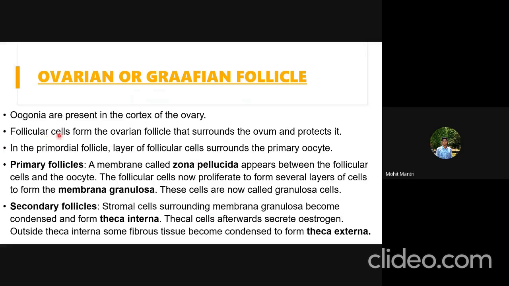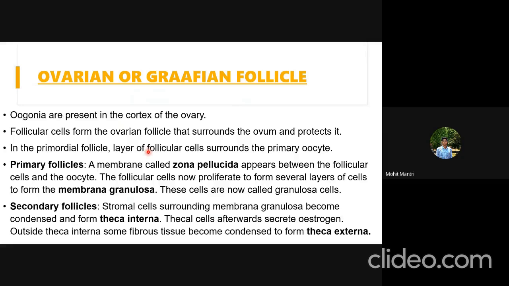These ovarian follicles are known as primordial follicles, which consist of a single layer of follicular cells. Now, during puberty, FSH and LH will be released. So the gonadotropins will stimulate the growth of these follicles to further primary, secondary and tertiary follicles.